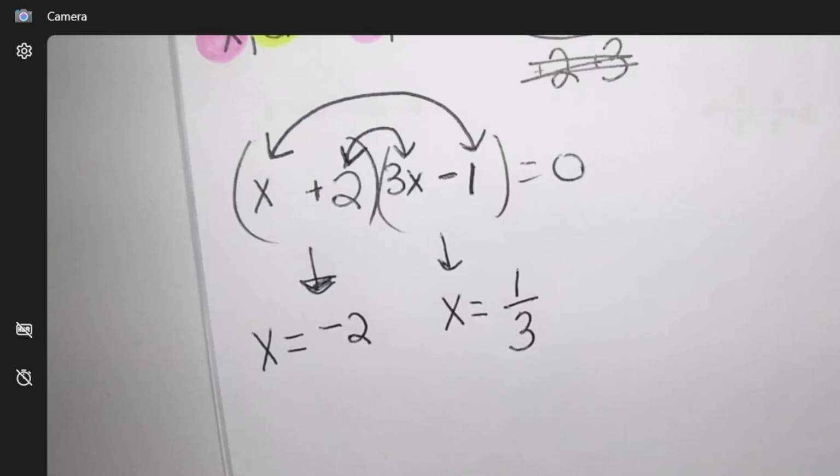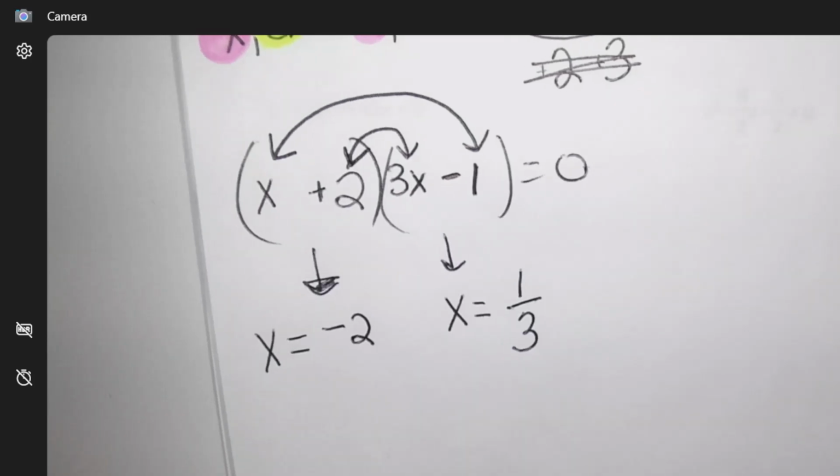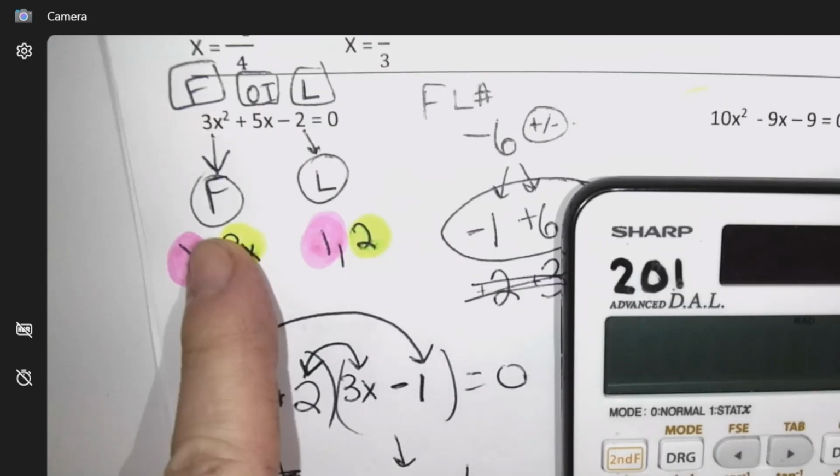Okay, do you guys also know on a test you can see if you're right? How would I see if I'm right? Okay, I can grab a calculator. If X is 1/3, let's try that. Here I go. What is 3 times 1/3 squared?